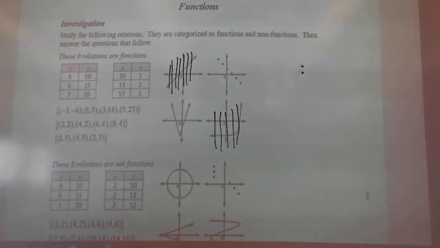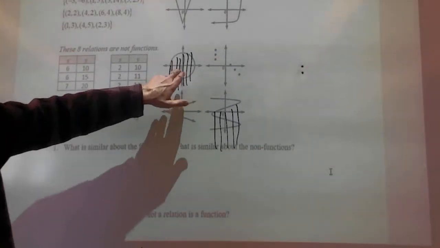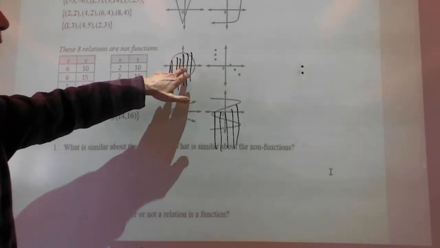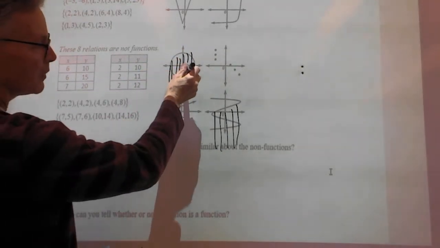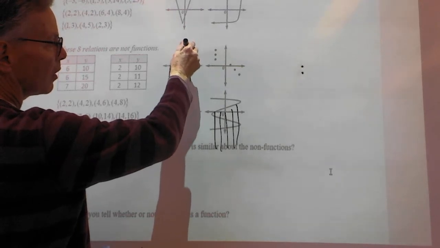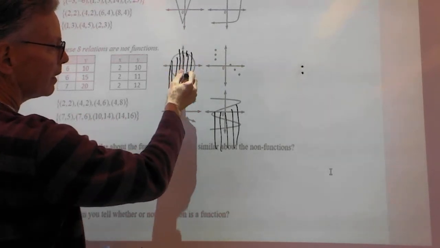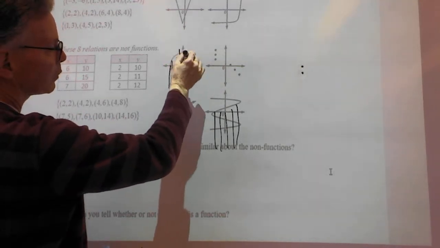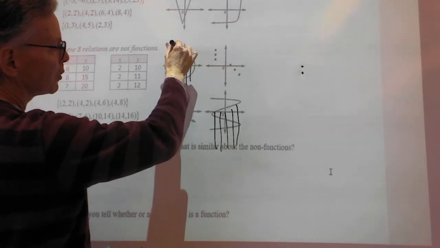If I go down here, you'll see that that's not the case, right? This is not a function because, as you can see, when I draw a vertical line, it crosses more than once. It crosses twice, pretty much no matter where you put this.